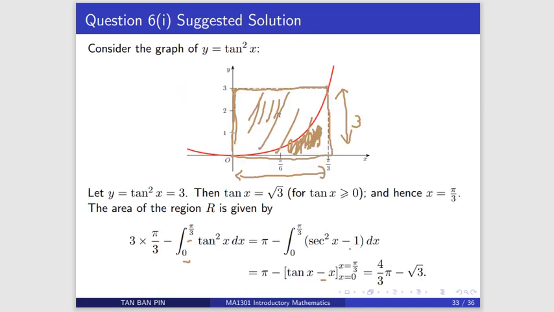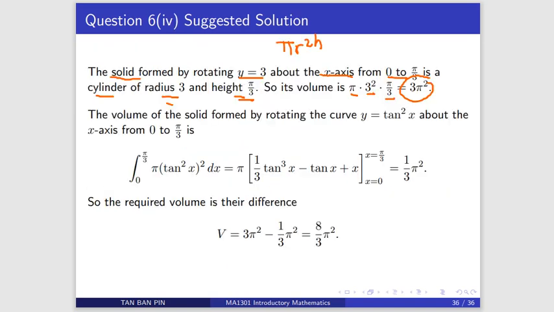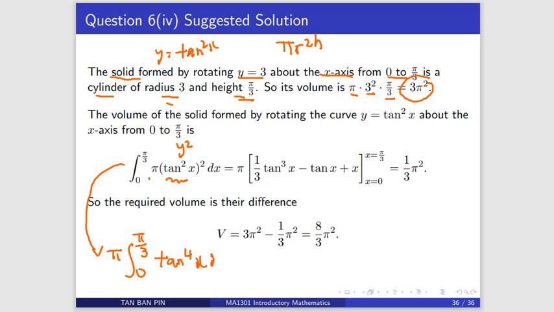And then you consider the region below the curve rotated about the x-axis, which is the integral of pi y squared dx. Y is tan squared x, so y squared will be tan squared x squared. So this will give you pi times the integral from 0 to pi over 3 of tan to the power 4 x dx.